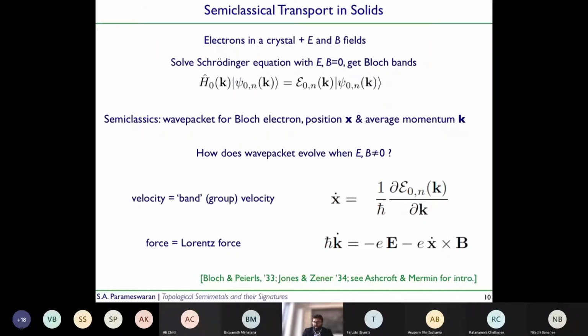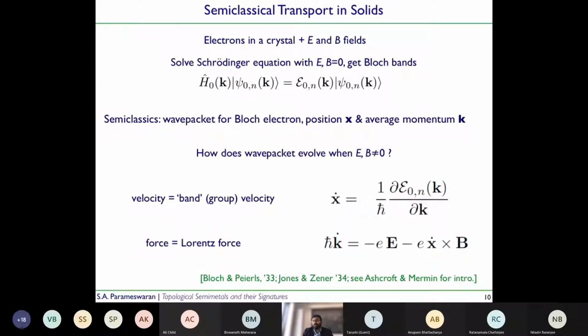And so the key modification, if you open your Ashcroft and Mermin, is that the velocity is replaced by the group velocity of these wave packets, and that group velocity is given by the dispersion of the energy band. So rather than have a standard velocity, what I have is dE/dk in the solid, where E is now the energy bands.